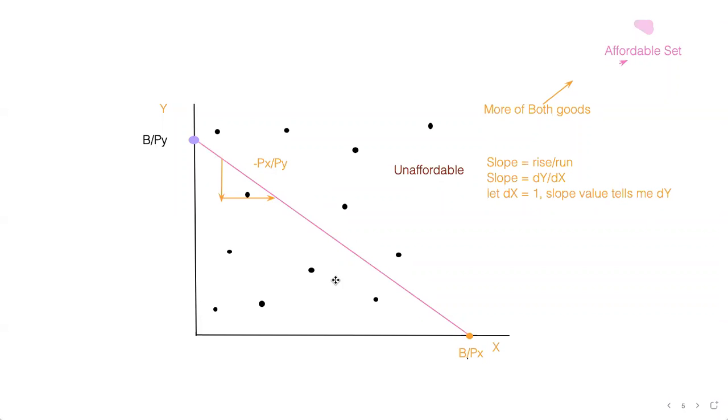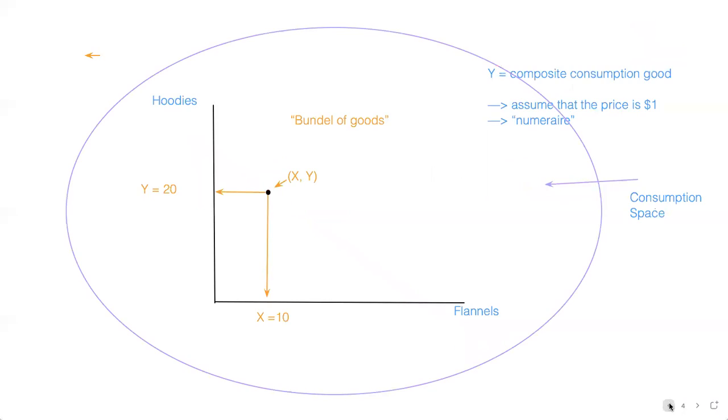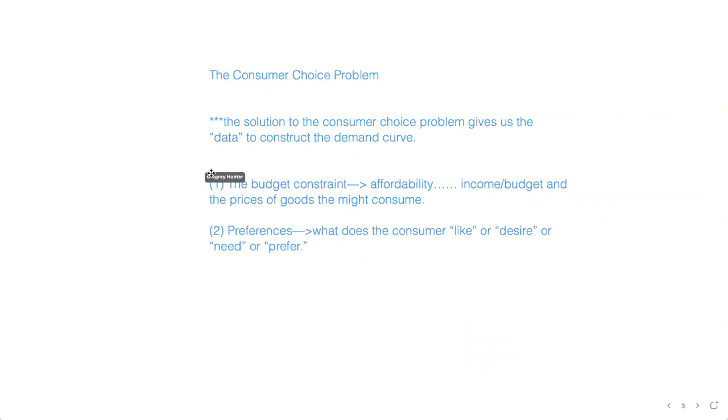Okay. So this is everything that we need to know in order to solve the first part of our consumer choice problem, which is the budget constraint. When we get together next time, we'll talk about review material for as long as you all want to.